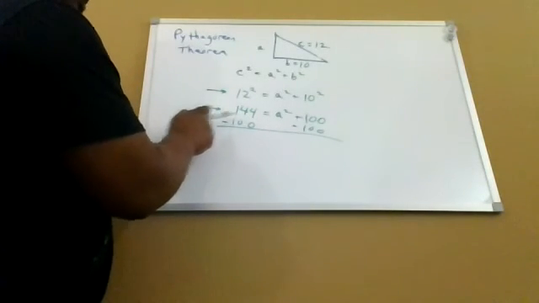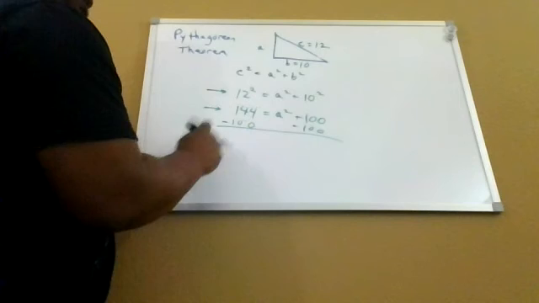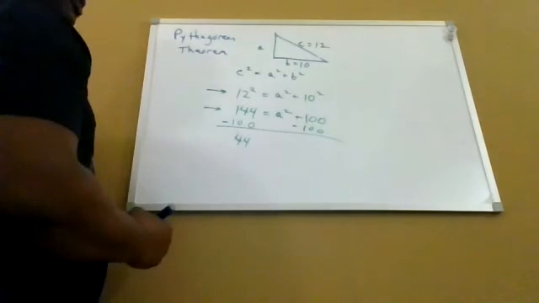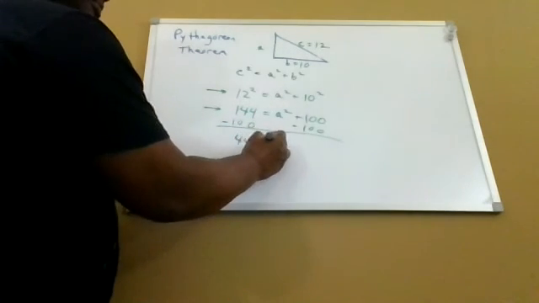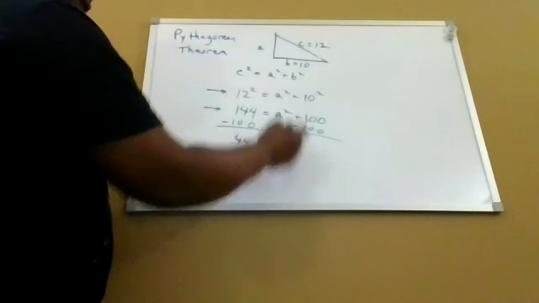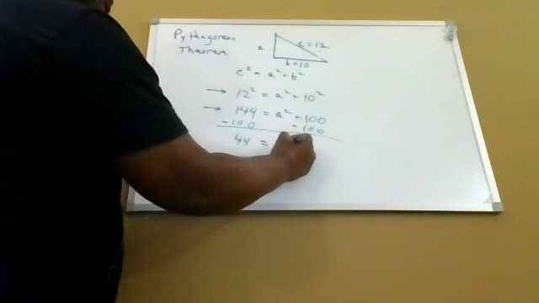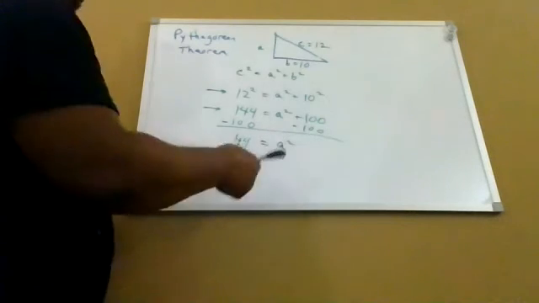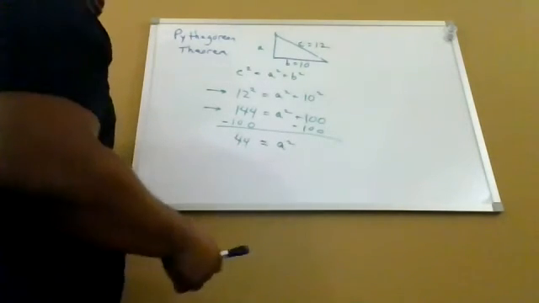Okay, so 144 minus 100 equals 44. Now that equals, bring down my a squared, and 100 minus 100 equals 0.